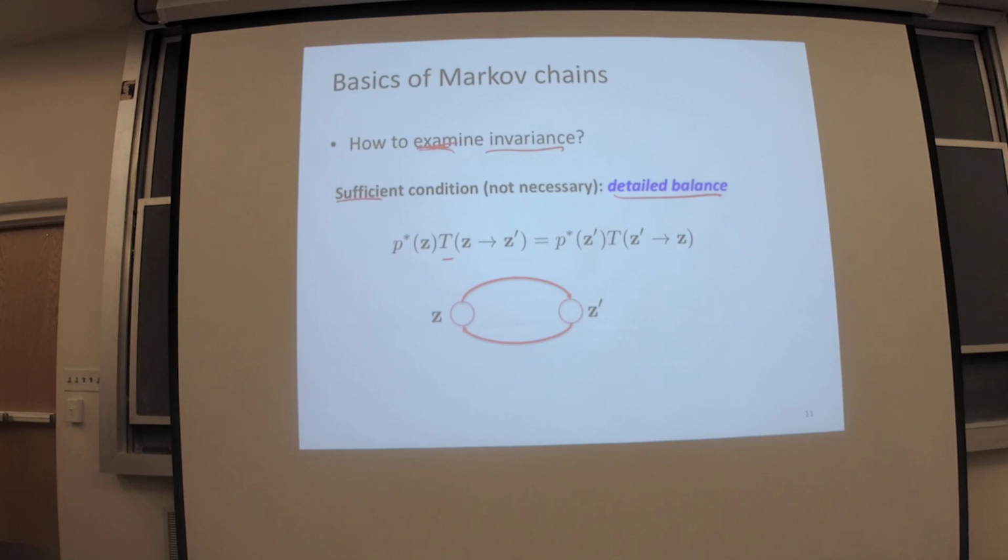If your distribution is invariant to the transition kernel, it does not necessarily satisfy detailed balance. But practically, this should be sufficient. I just construct some transition kernel such that it satisfies detailed balance. Then I can safely use it. Does it make sense?